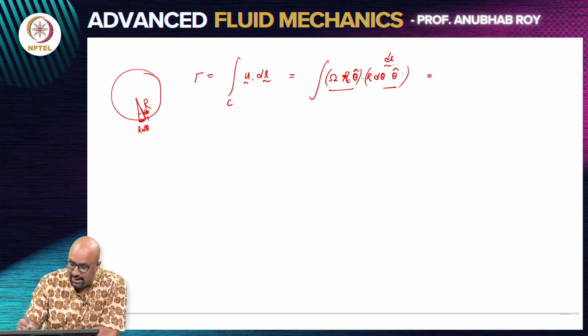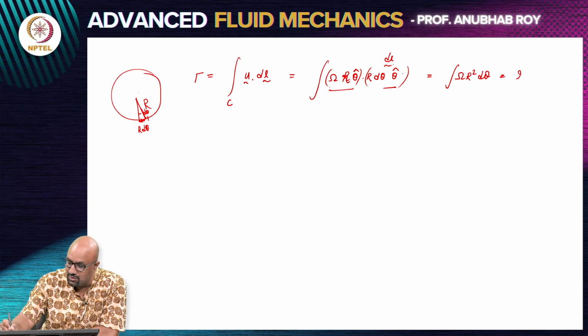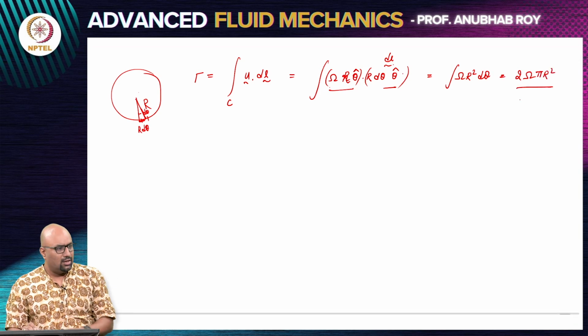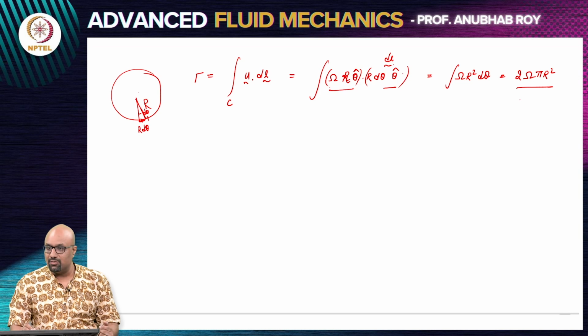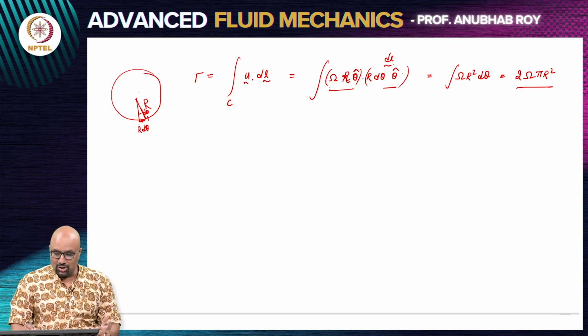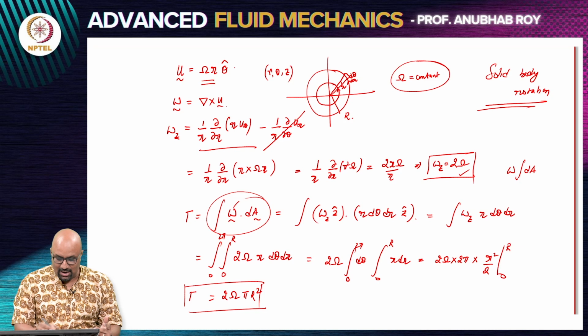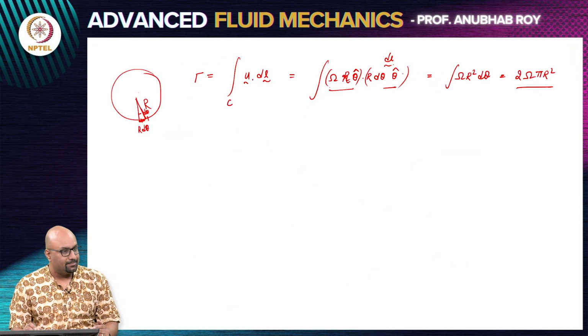So, theta cap becomes unity, and then you have omega r square d theta, which gives me 2 omega pi r square. The same answer. There should not have been any surprise, right? It should be the same answer, because there are two ways of defining the circulation, whether you do it in terms of vorticity or in terms of velocity, they should not disagree. So, we basically have the same answer either way.